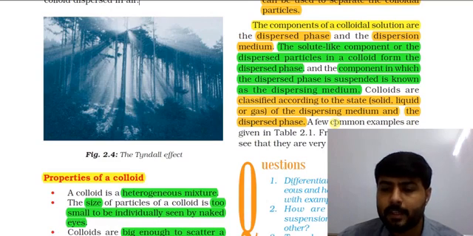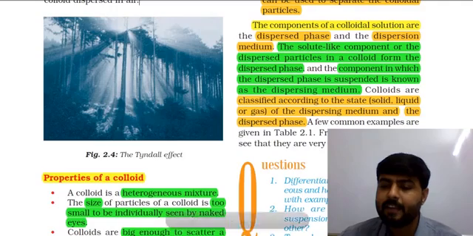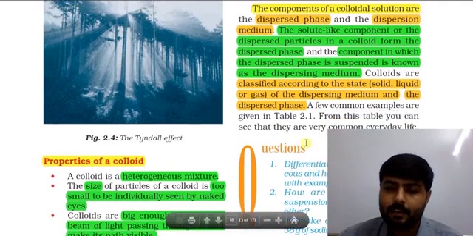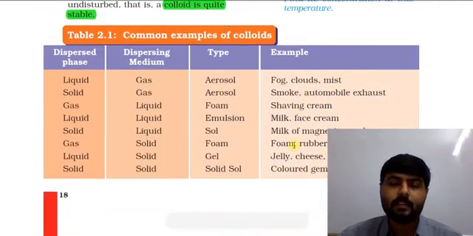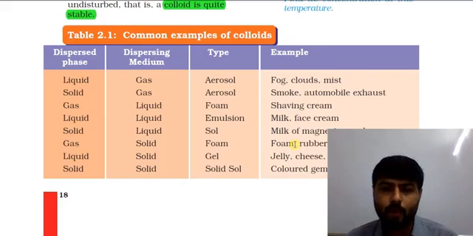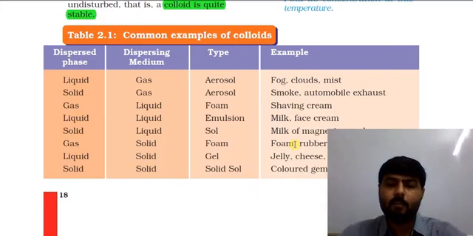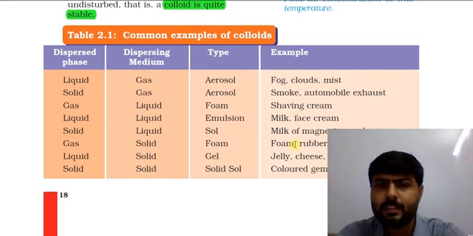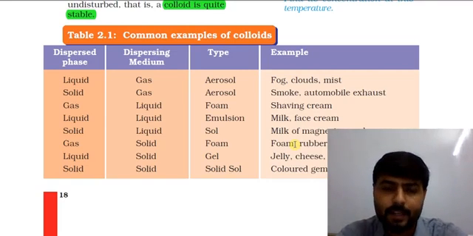From the table you can see that these are very common in everyday life. There are many common examples of colloids. We have already seen them, used them, observed them, but till now we have not known that these are colloidal solutions.